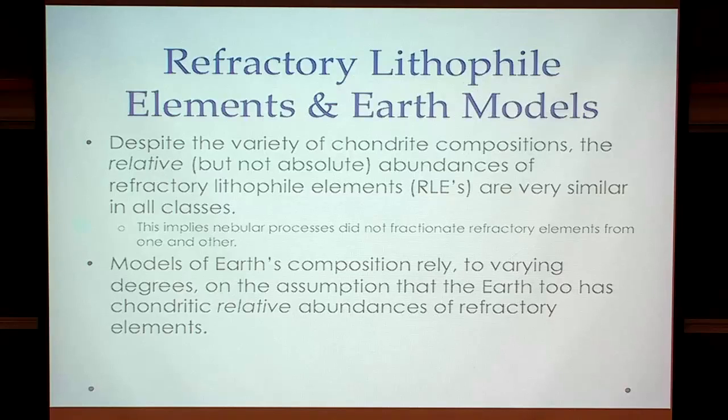This implies that nebular processes were unable to fractionate, and by fractionate, I mean change the ratio of two elements, refractory elements from one another. Okay? So this is a very important assumption. And most models of Earth's composition rely to varying degrees on the assumption the Earth also has chondritic relative abundances of refractory elements.